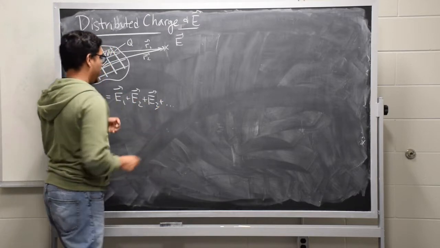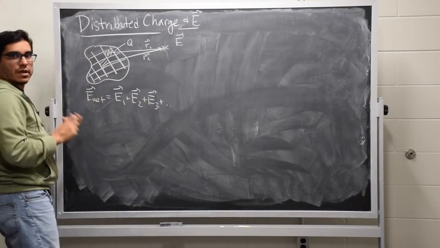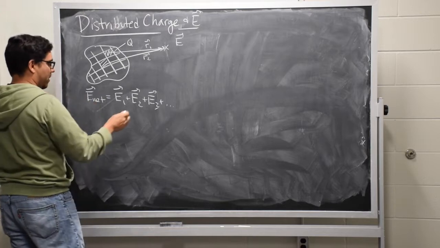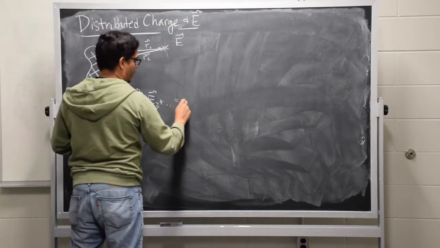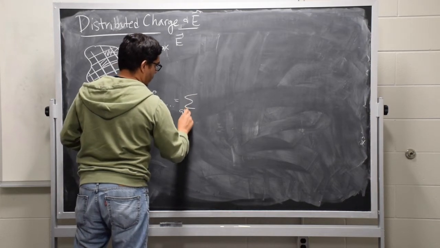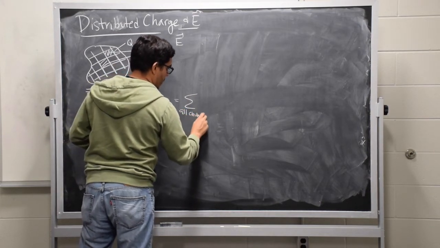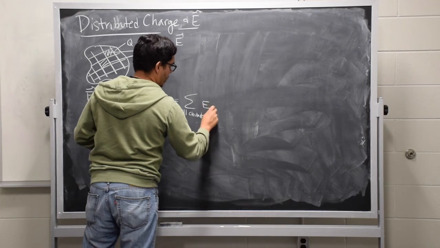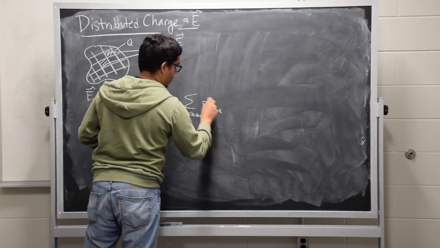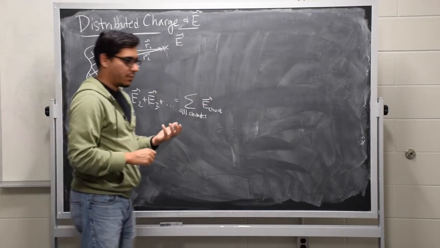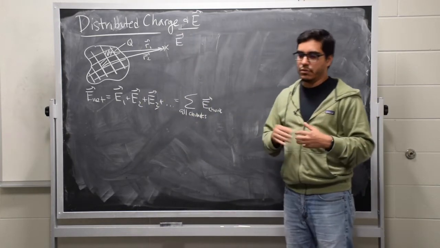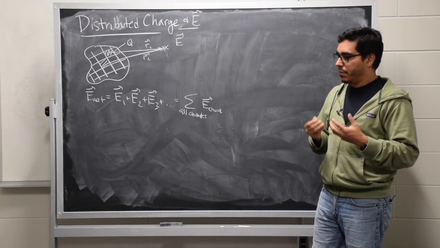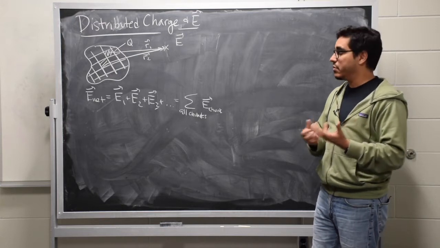You could think of it as the total electric field at this point being the result of adding up all the chunks and considering the electric field of each given chunk. That's exactly what superposition does for us. It helps us figure out what the total field is due to some number of contributions.